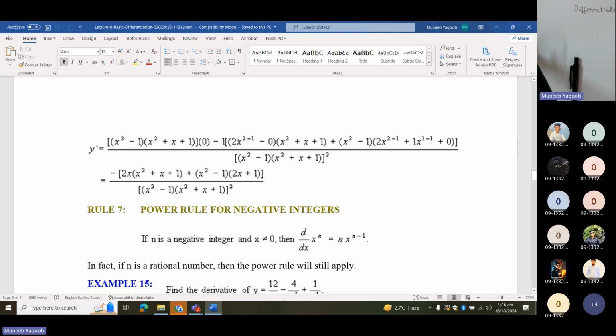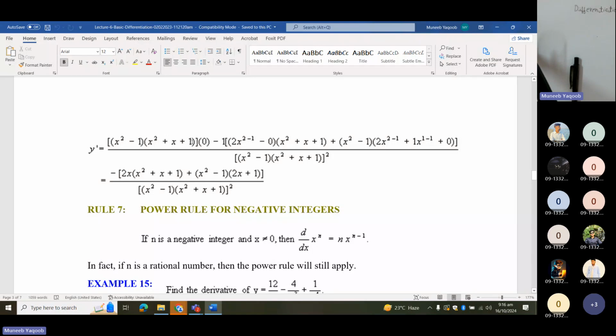Now for the next term, we will write minus. We will keep u, that is 1, as it is, and we will find the derivative of x squared minus 1 into x squared plus x plus 1. Now this is a product. So to find the derivative of x squared minus 1 into x squared plus x plus 1, we will apply the product rule.